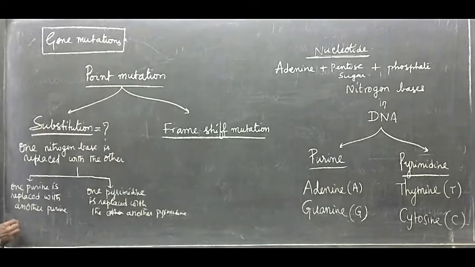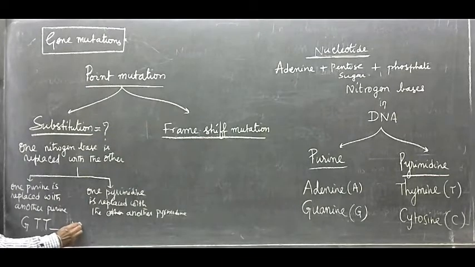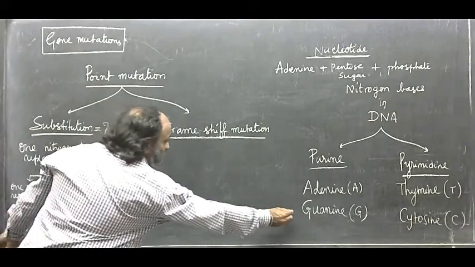Now follow this example: GTT becoming ATT. Observe the change. What is G here? G refers to guanine, which is a purine.